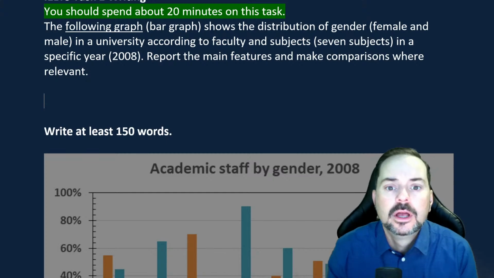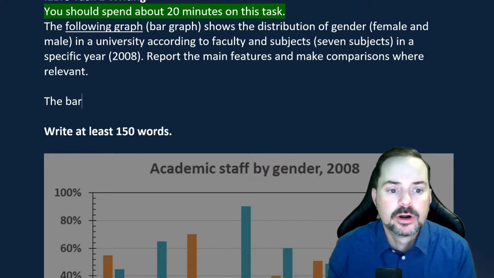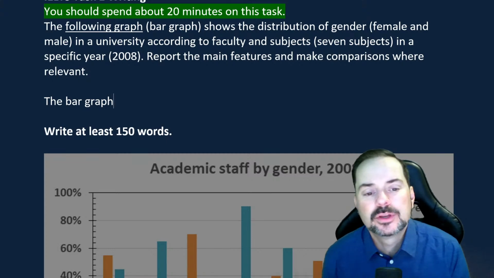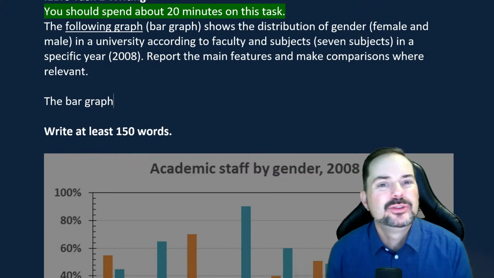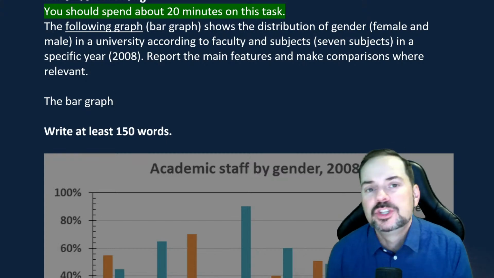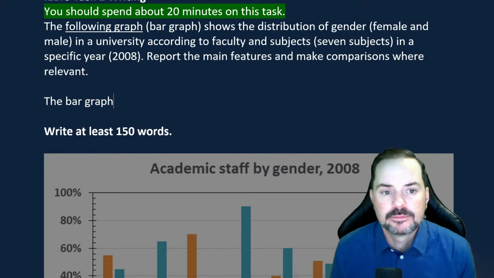All right. So this bar graph, or the bar graph. A lot of students will write the given graph. You don't have to write the word given, because we generally don't refer to the graph itself, but we refer to the information in the graph.